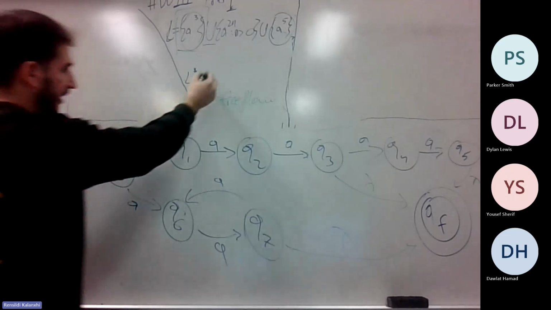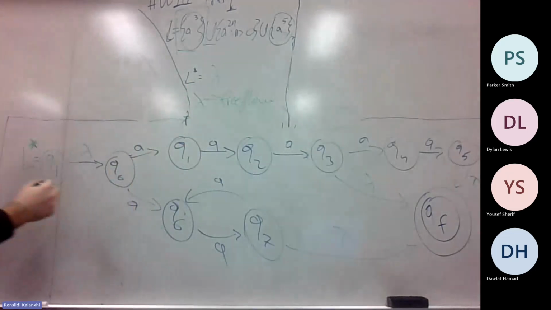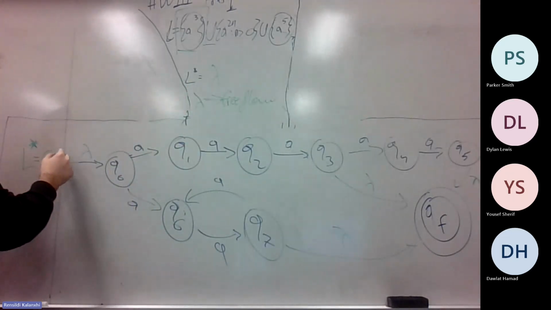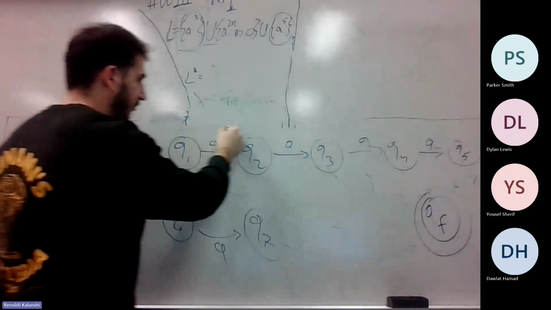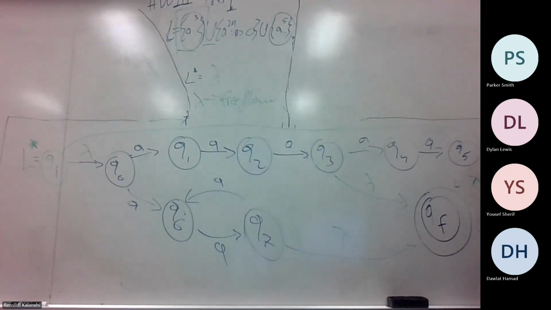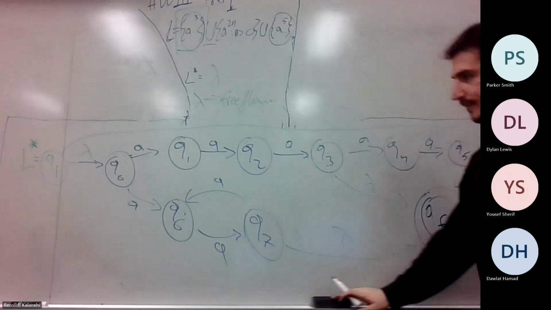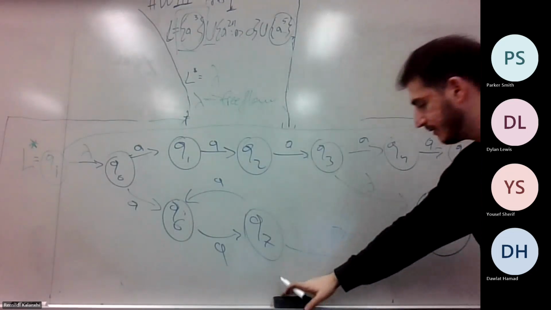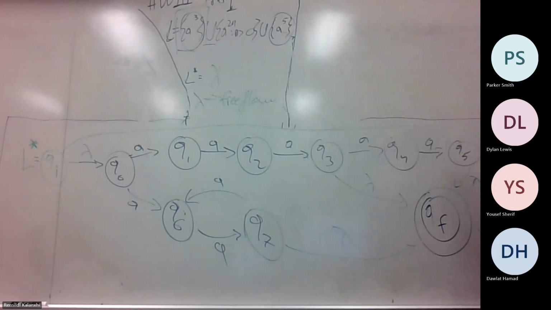And if we just want to include lambda, straight up lambda as well, we can actually point from Qi all the way here. But if we want to, let's say, what have I forgotten here?